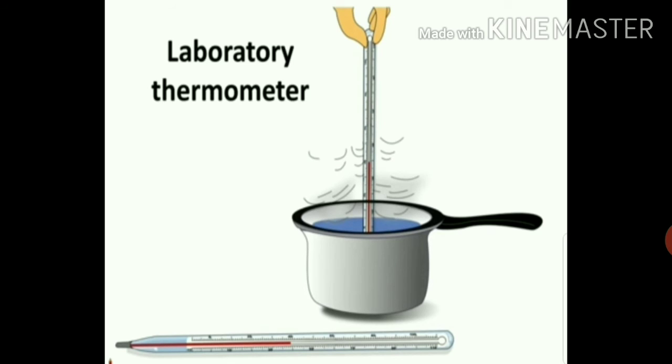This bulb and a small portion of the tube are filled with pure and dry mercury. It means that the laboratory thermometer is another example of a mercury thermometer, just like a clinical thermometer. So let's see the structure of the laboratory thermometer.